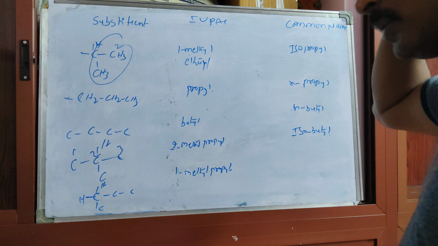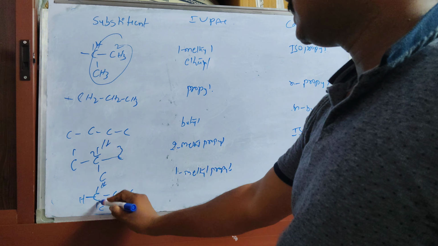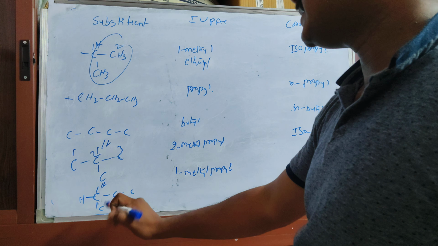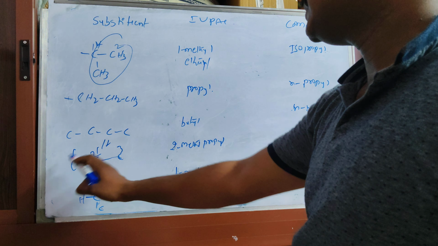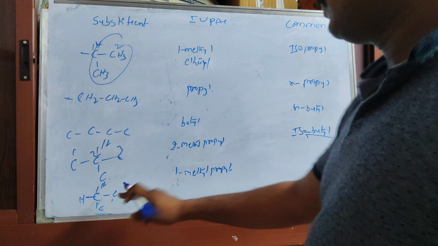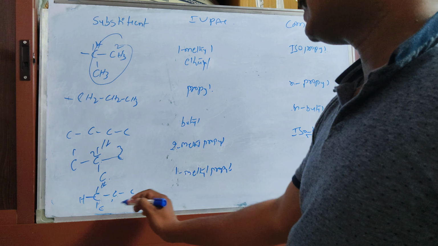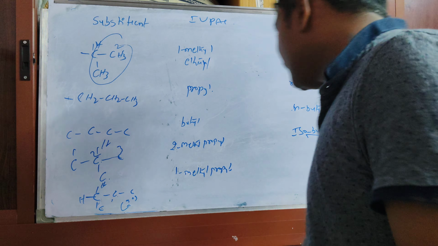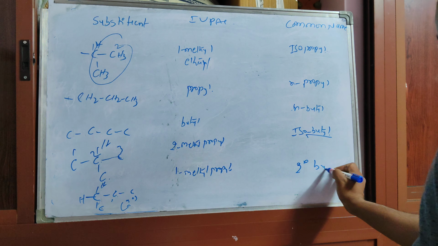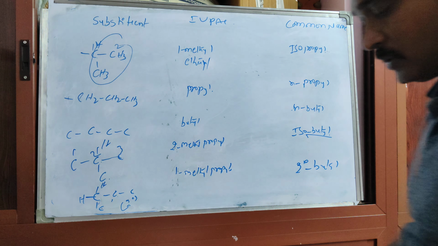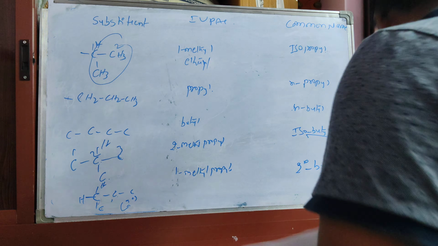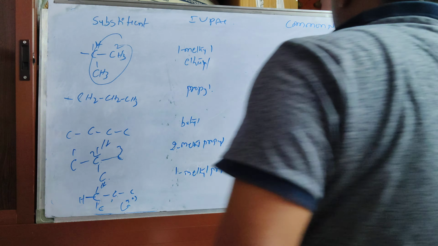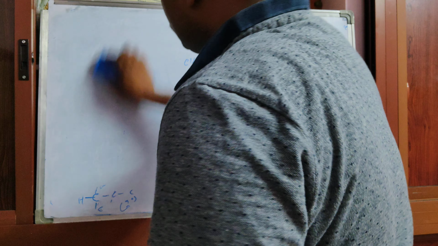In the isobutyl case this carbon is attached with 2 more carbons, but here this carbon is attached with only 2 carbons. This is known as secondary butyl. This is about the secondary butyl.